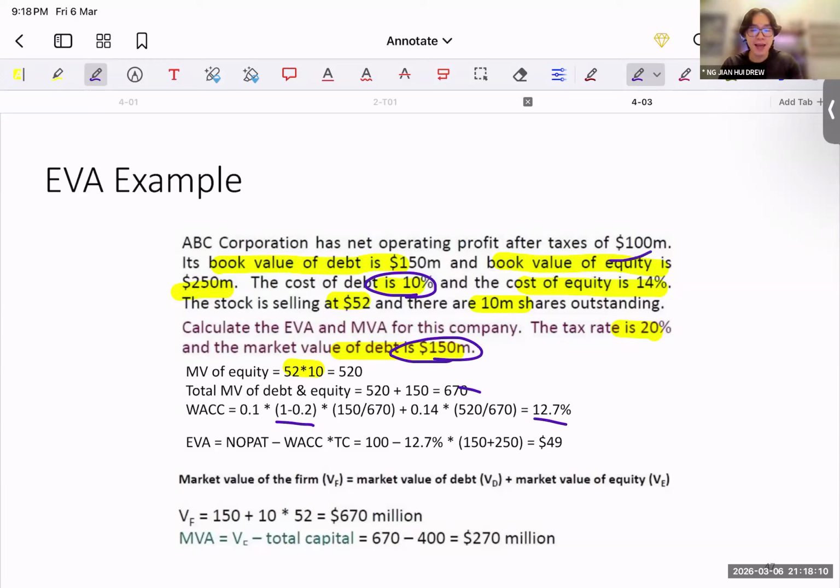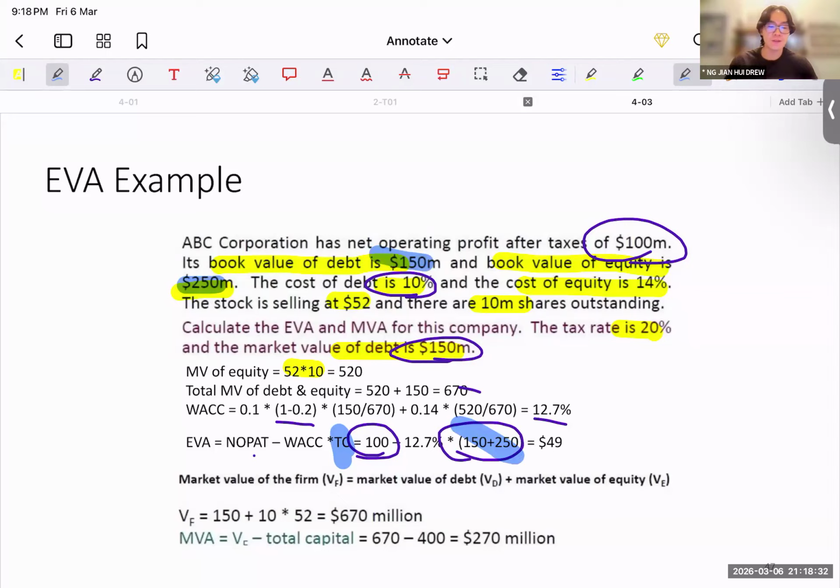Our EVA: our NOPAT is given by 100. So 100 is already given as NOPAT, minus your WACC times your value of capital employed, right? So just to take note, this capital employed is our book value, which is this one here, 250 plus 150, whereas your WACC is using your market value.